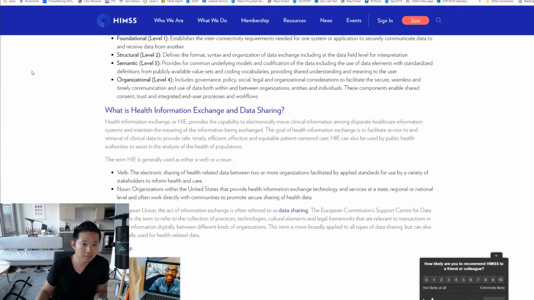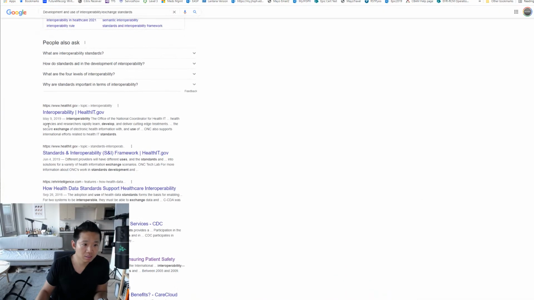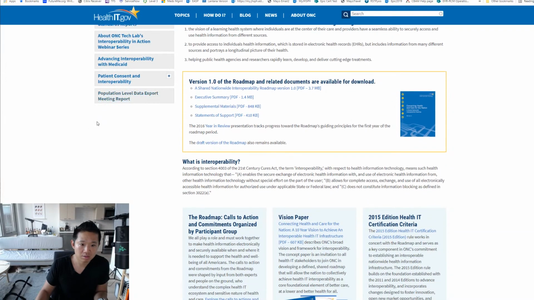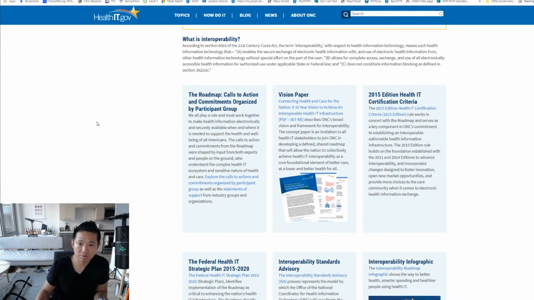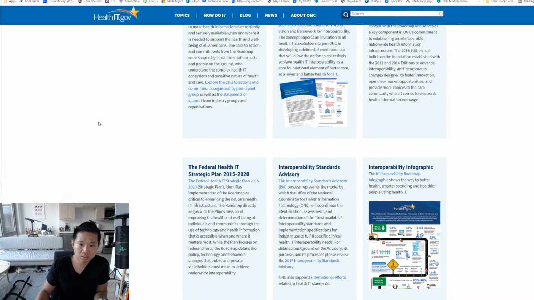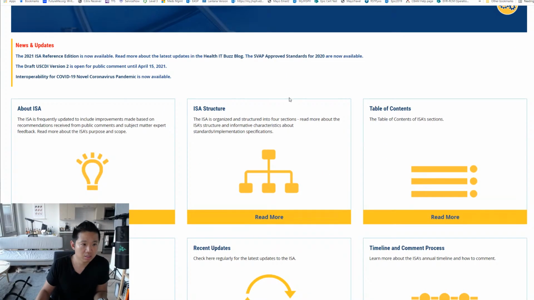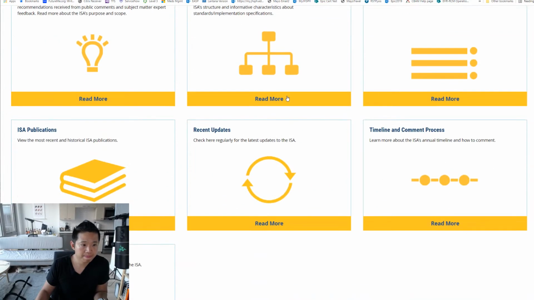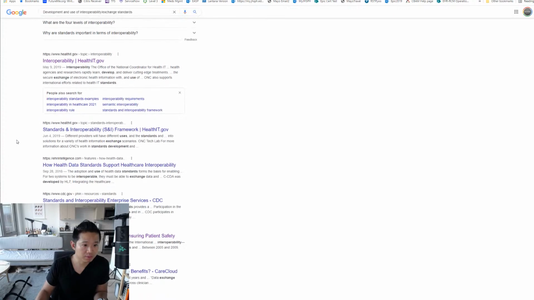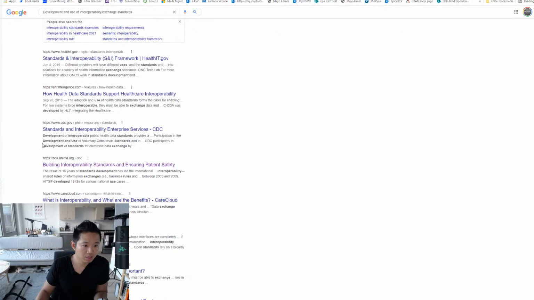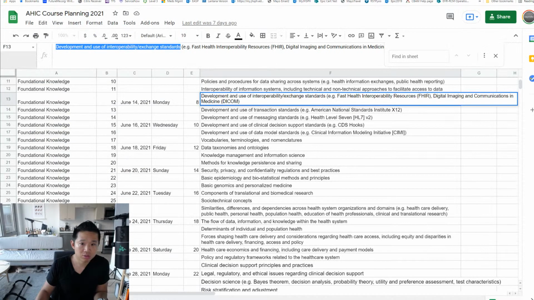But let me take a look if there's some other stuff. Development interoperability standards advisory. Nope. I'm looking for something else. Standards and interoperability. So specifically interoperability and exchange standards.